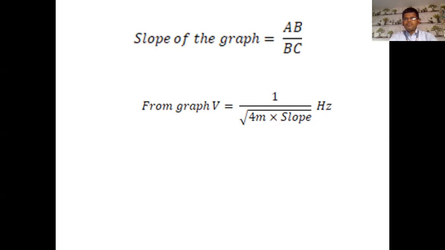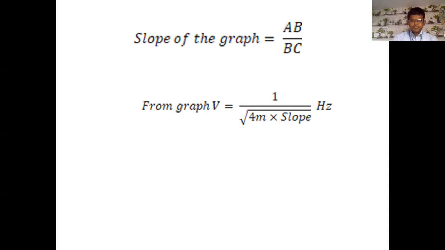But the question is, what is the small m? Small m is equal to mass per unit length. We have the value 0.0016 kilogram.